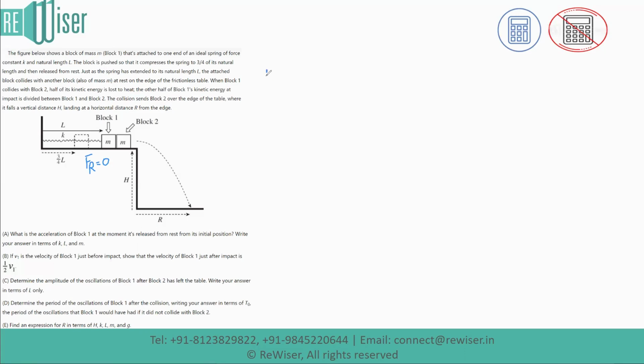So let's start by answering part A. Acceleration is force by mass, Newton's law. The force applied on block 1 is the compressive force of the spring.